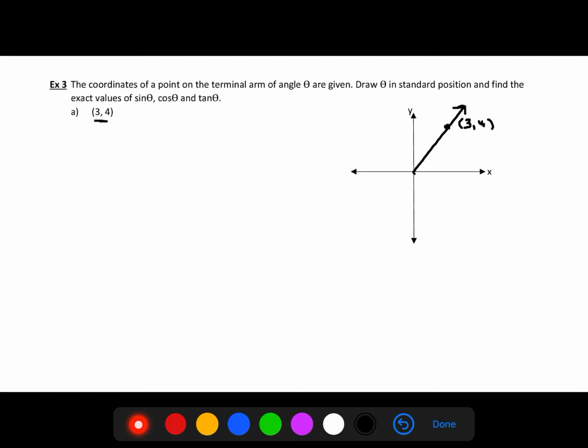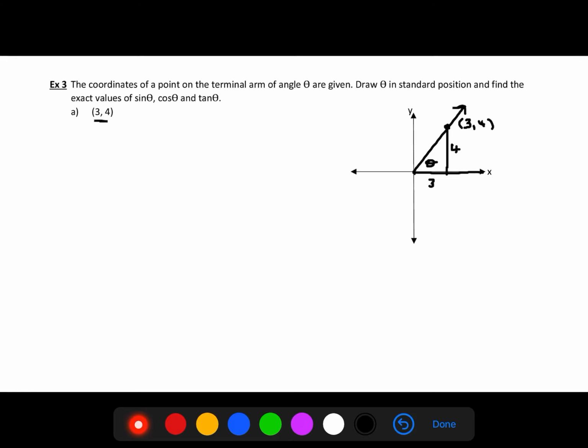Okay, so again, we're going to take a look at theta in between our initial arm and our terminal arm. And we want to find the exact values of sine theta, cos theta, and tan theta. So we're going to use the fact again that we can create a right angle triangle. We have a measure of 3 here, 4 here, and we can determine our radius.